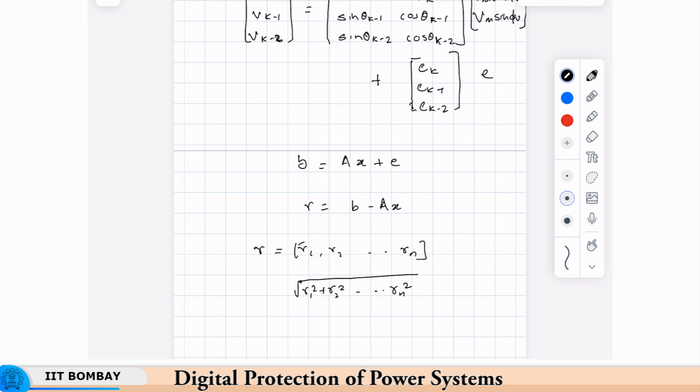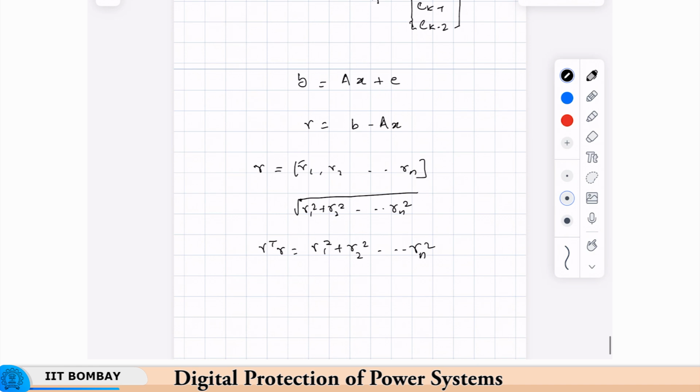The Euclidean length in vector terms is also given by R transpose R, so we are trying to minimize that. Actually, we use the square to avoid square roots, etc. So, we minimize R transpose R. Actually, we minimize half of R transpose R. This half is just a scalar multiple because it is a quadratic expression.